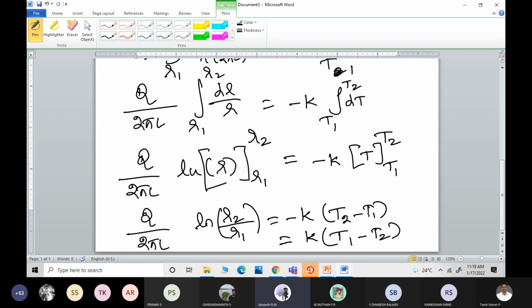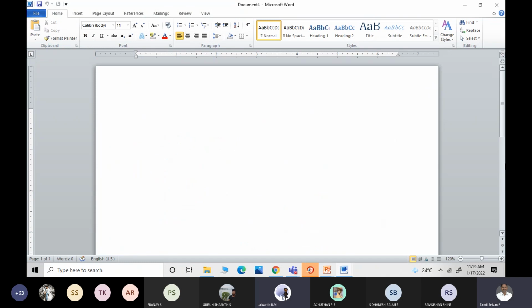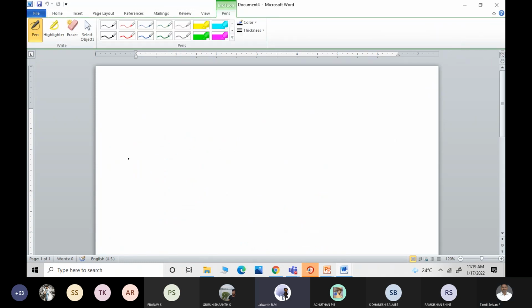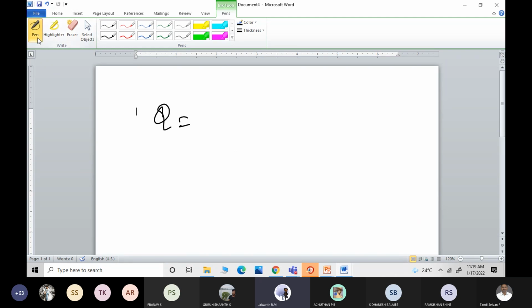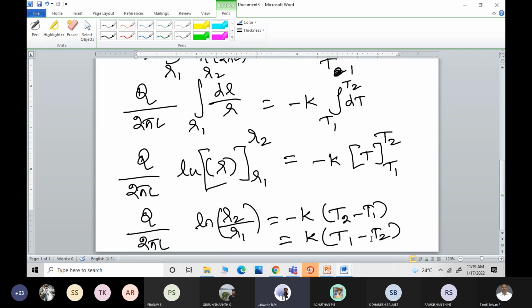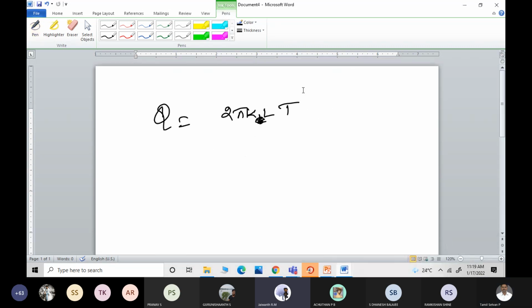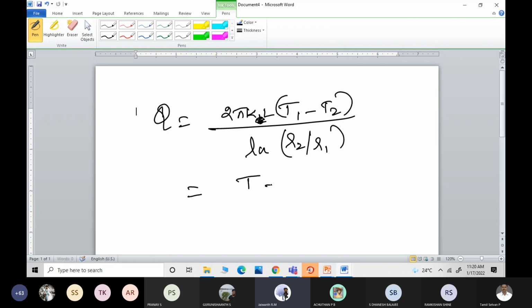Is it fine? So finally, when I take all the terms to the other side, Q is equal to 2 pi KL, where L is nothing but the length of the tube, into T1 minus T2 divided by natural log of R2 by R1.